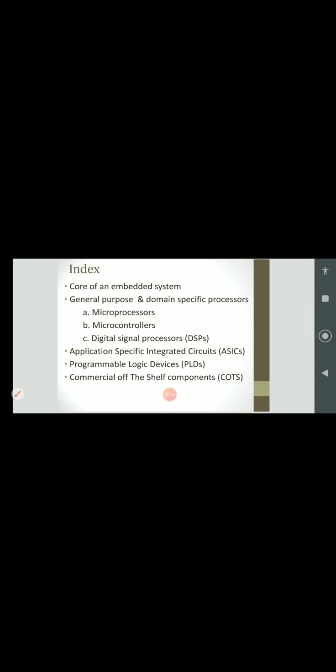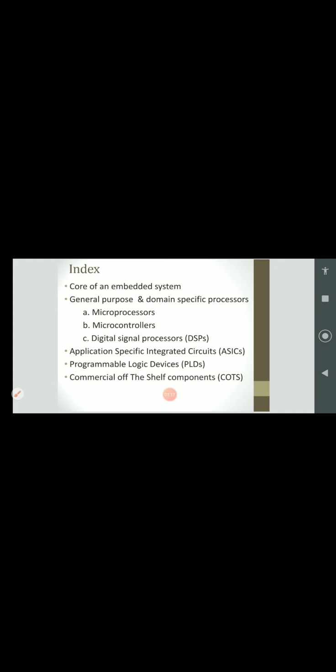see the core of an embedded system. After that, general purpose and domain specific processors. In that we have three specifically mentioned processors: microprocessors, microcontrollers, and digital signal processors. These are the three things we are going to study in general purpose and domain specific processors.